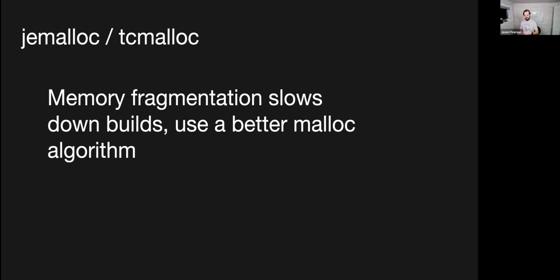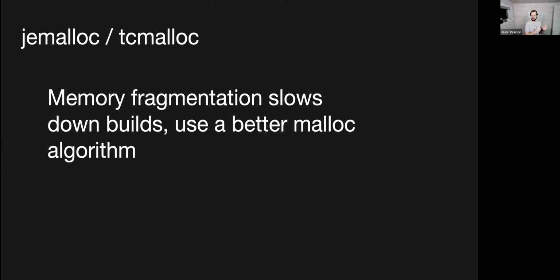Memory fragmentation happens because the JVM allocates a certain amount of memory and says, okay, I need this size block. I'm going to put 5 megabytes here. And then it says, oh, I need to allocate 10 megabytes. I'm going to throw that on top. Oh, I need 5 more megabytes. Throws that on top. Oh, I can take the 10 megabytes out of memory. And then you have a 10 megabyte hole.